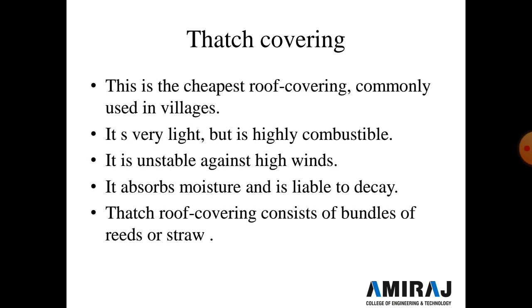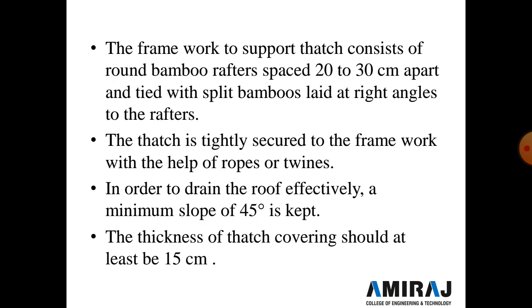This is the cheapest roof covering commonly used in villages, and it is very light, but it is highly combustible, unsuitable against high wind, absorbs moisture, and is liable to decay. Thatch roof covering consists of a bundle of reeds or straw.